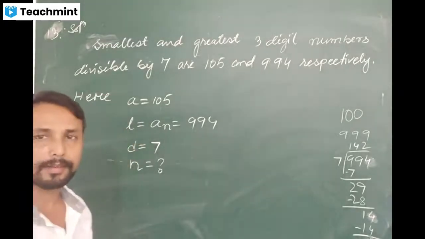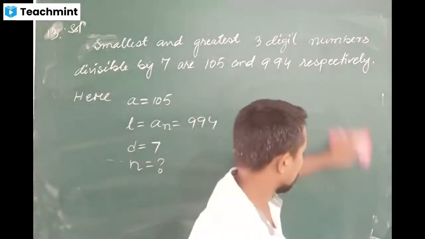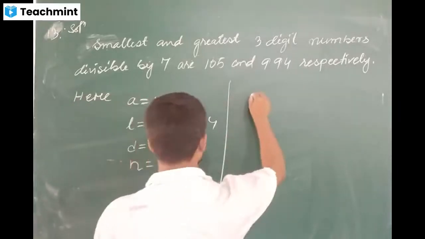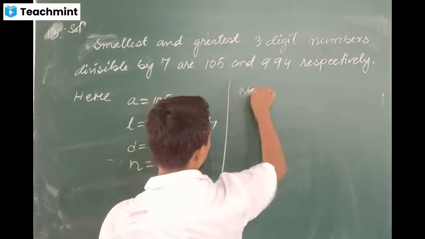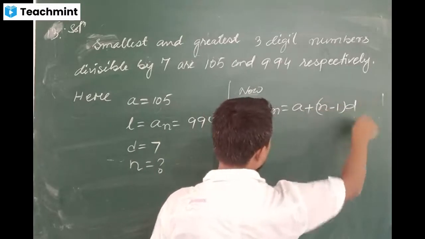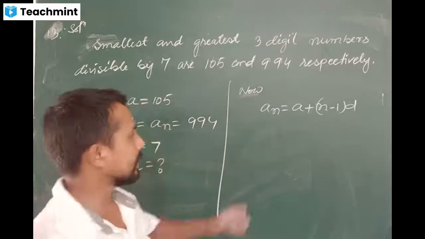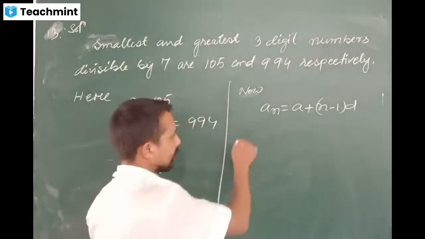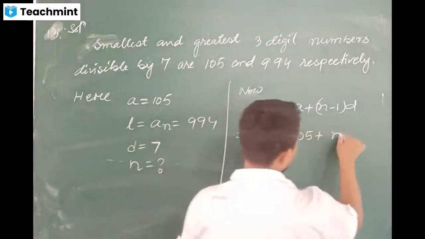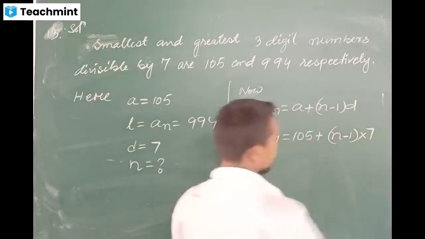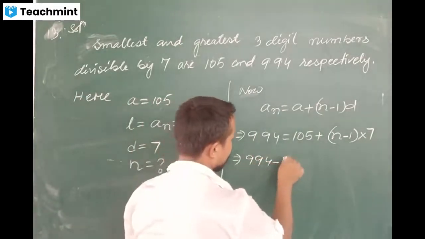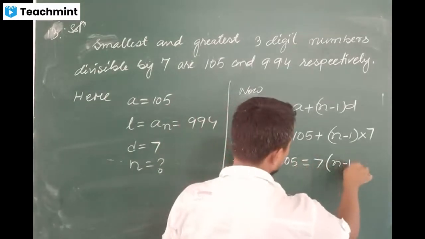Here, a_n equals a plus n minus 1 into d. a_n is 994, so 994 equals 105 plus n minus 1 into 7. 994 minus 105 equals 7 into n minus 1.